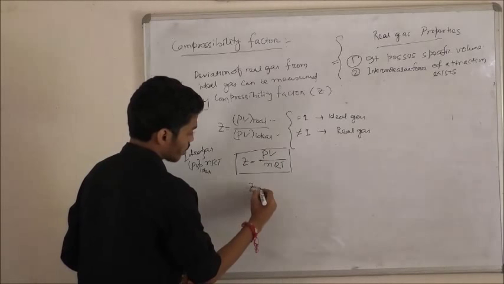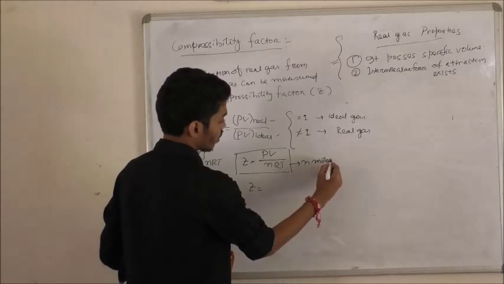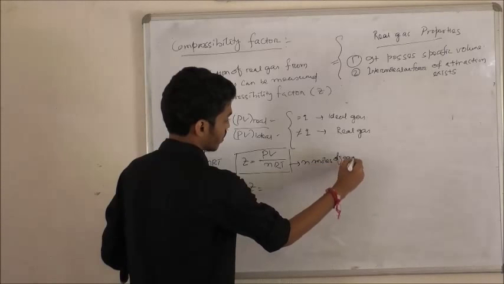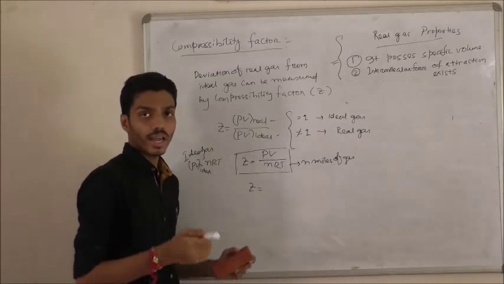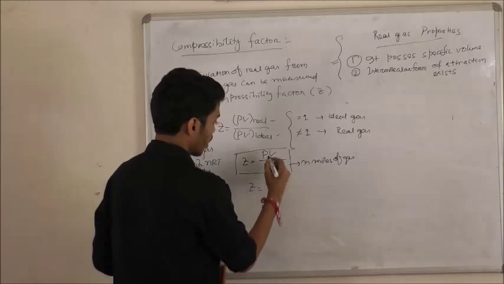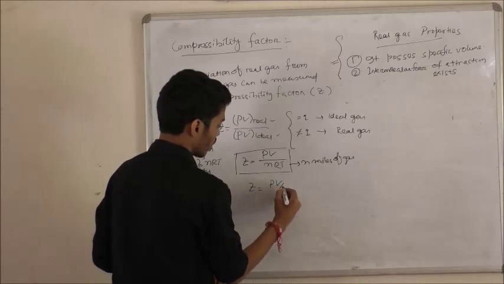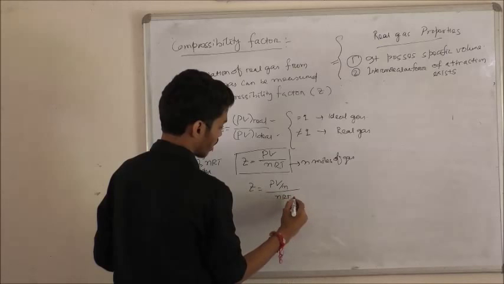Now this is for n moles of gas. If we take this for 1 mole of gas, we have to divide by n in both. So this will be PV by n, and this will be nRT by n.